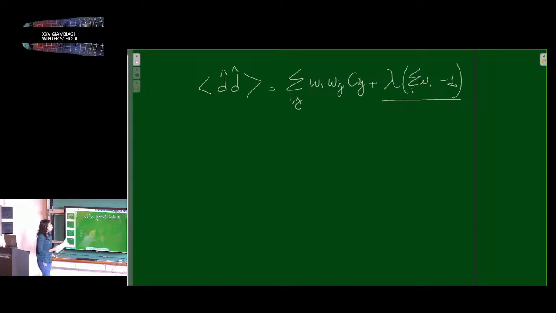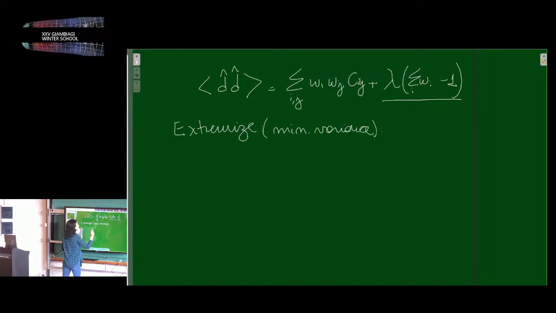So when I extremize this to make it minimum variance, what I get is the following: 2 times the sum over j of C_kj w_j, plus lambda, when I take the derivative of this, is equal to 0. So this is equal to minus lambda.